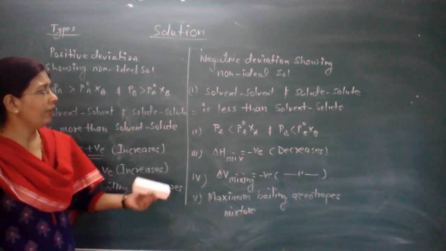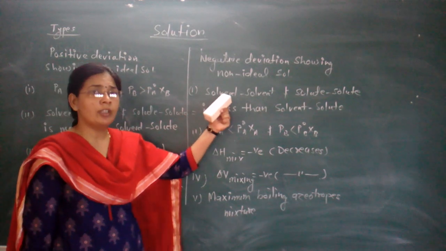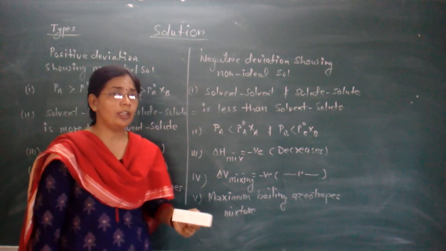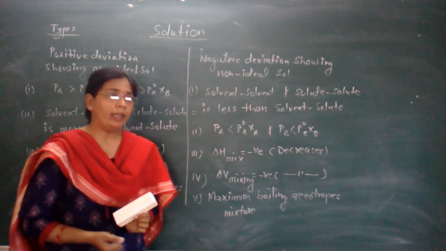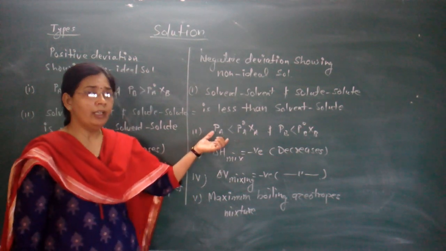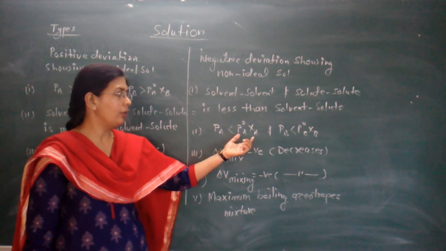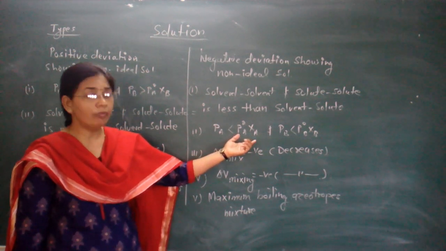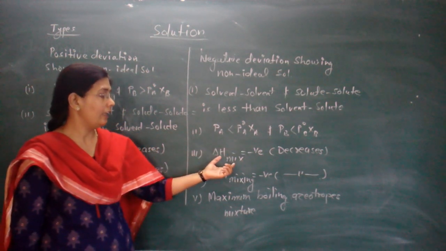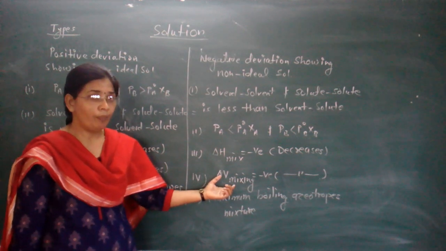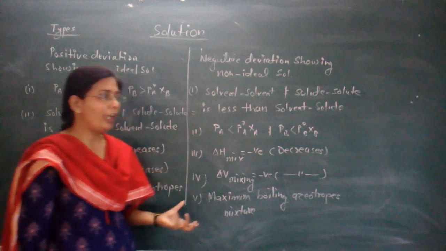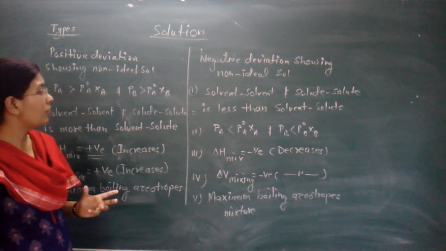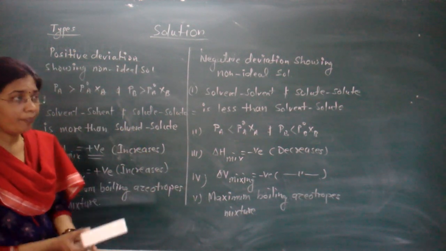So in non-ideal negative, when the interaction between the solvent and the solute is greater than the other interactions, that condition, the vapor pressure of solvent is less than expected according to Raoult's law, and during the formation of such solution there is decrease in enthalpy and volume, and it forms the maximum boiling azeotropic mixture. So these are the types of the non-ideal solution, positive and negative deviations, right?